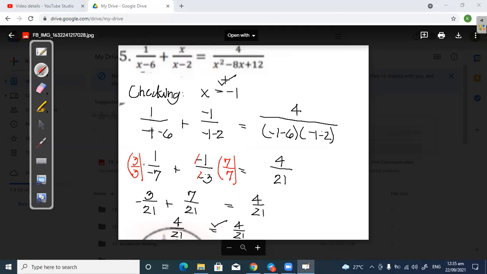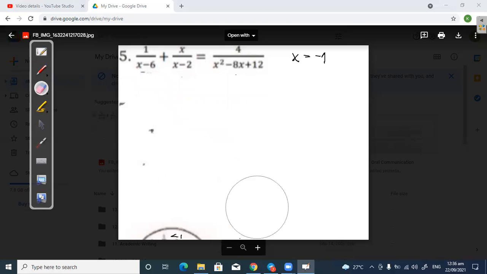What about x is equal to positive 6? Can this be true? I don't think so. Check natin. Okay, another checking is for x is equal to positive 6.